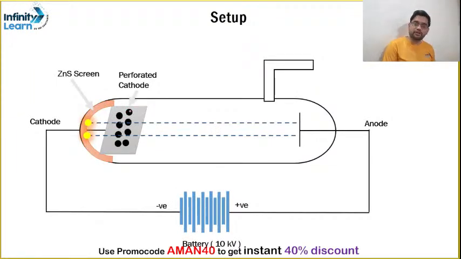If we don't take a perforated tube, scintillation would not happen, and we would not get any idea whether anode rays exist or not, just like cathode rays. Clear?